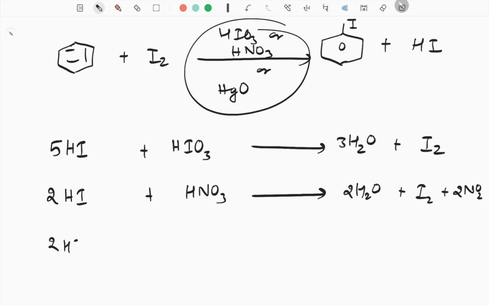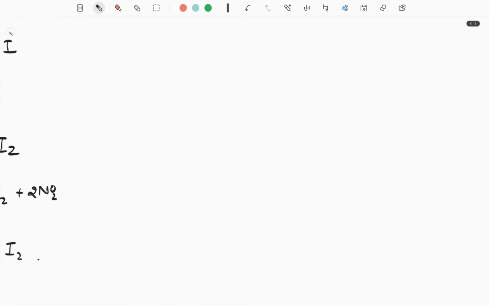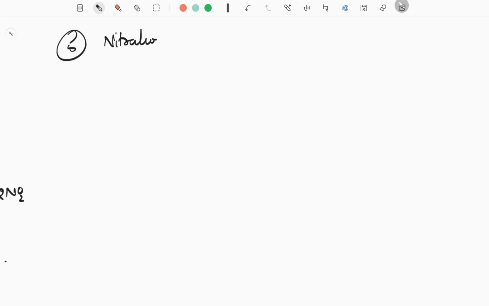And if you use HgO, the reaction gives water plus HgI2. So HI will be used in this reaction.